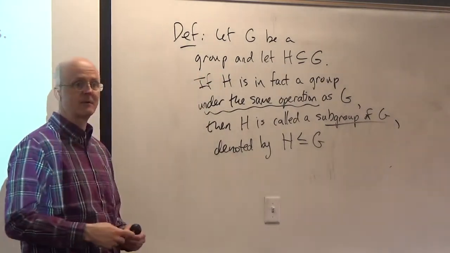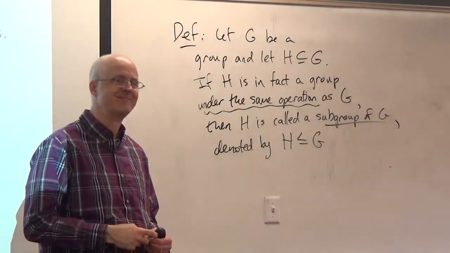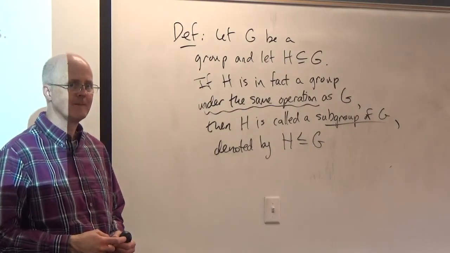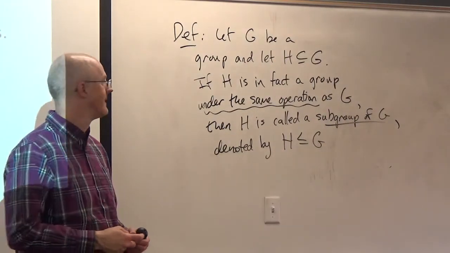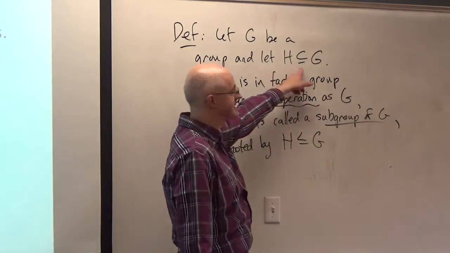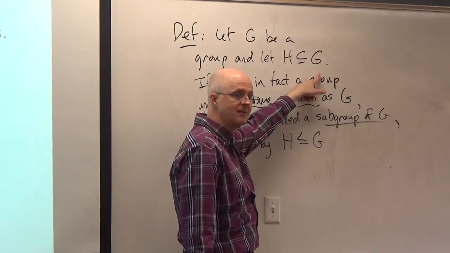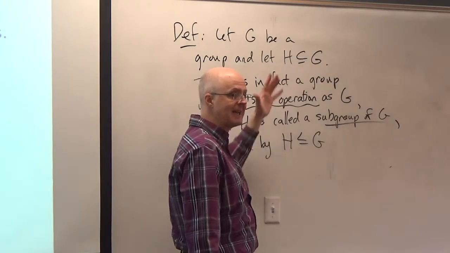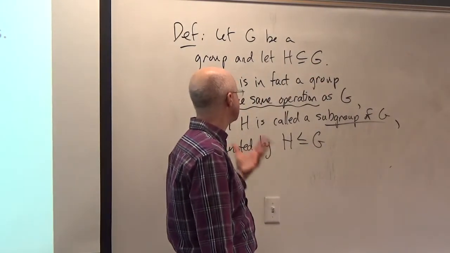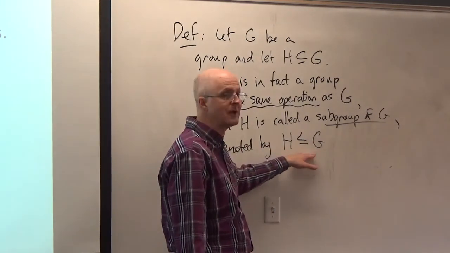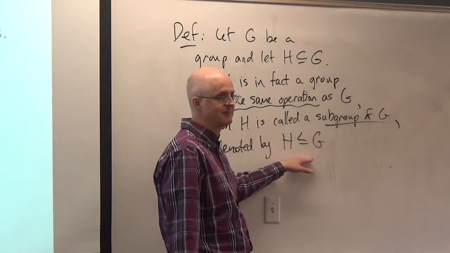Do not say less than or equal to. Say H is a subgroup of G. Here H is a subset. All the elements of H are elements of G. If that set is also a group under the same operation, we call it a subgroup. We write this, do not say less than or equal to.